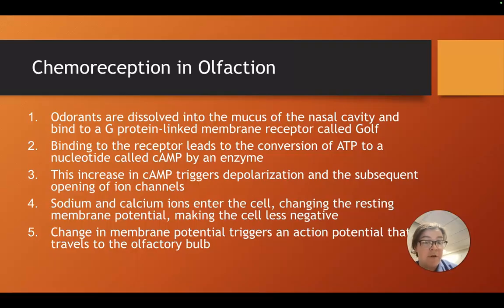When these ion channels open, sodium and calcium rush into the cell, and this essentially makes the cell less negative because we're changing the resting membrane potential. This change in the membrane potential triggers that action potential that travels to the next part of the olfactory system called the olfactory bulb.